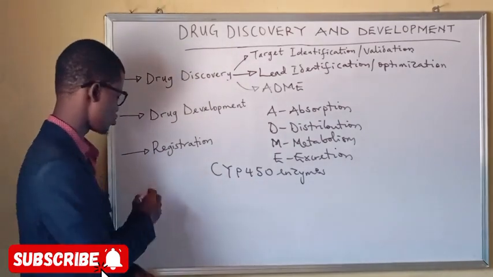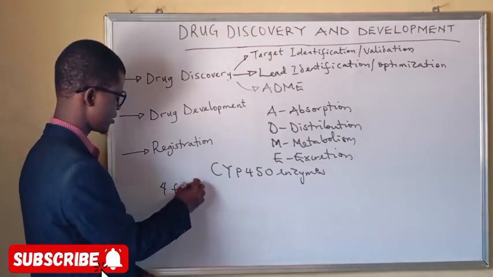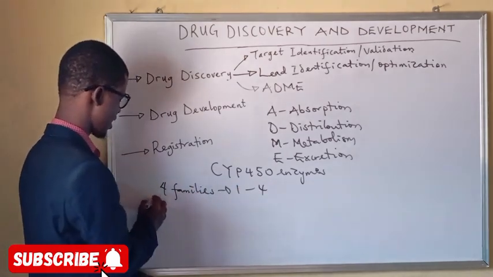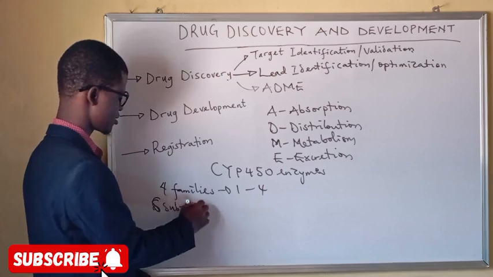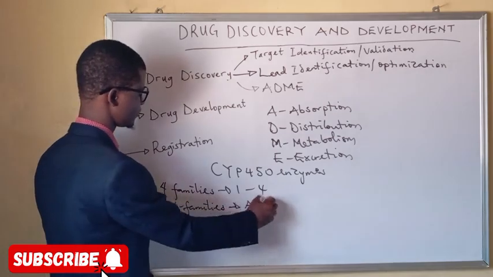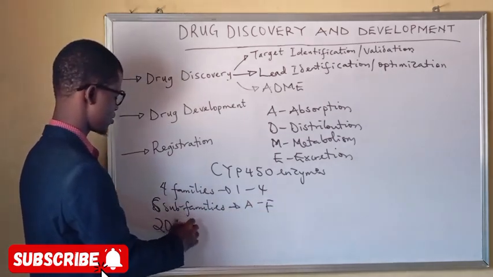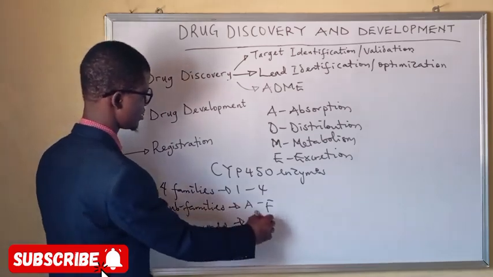They are grouped into four families, 1 to 4, and they have six subfamilies, A to F, and they have 20 isozymes, 1 to 20.